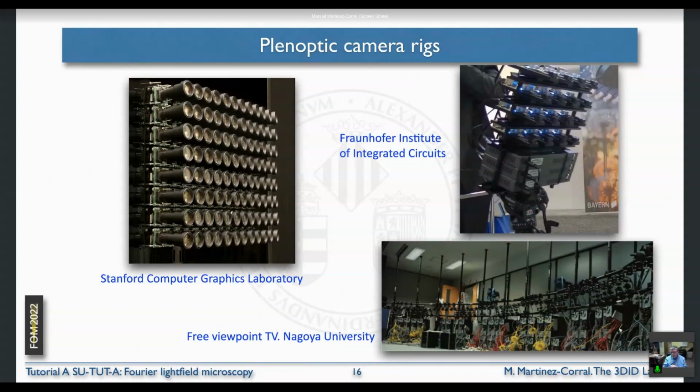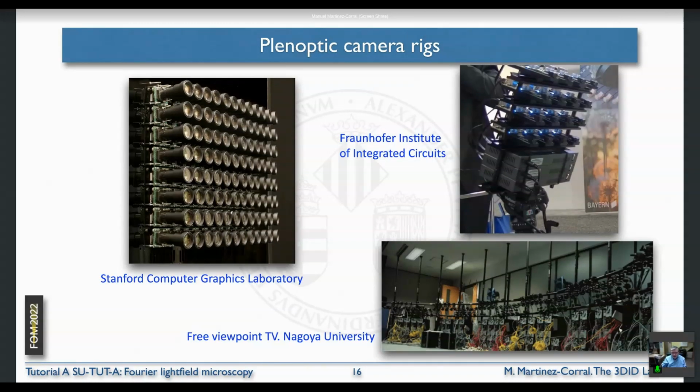This can be implemented in real setups. We did it in our lab with a single moving camera, but in other labs they have implemented this method by combining and synchronizing many cameras. You can see that when you have many cameras and the object in front, this object is captured with high parallax, with high disparity.